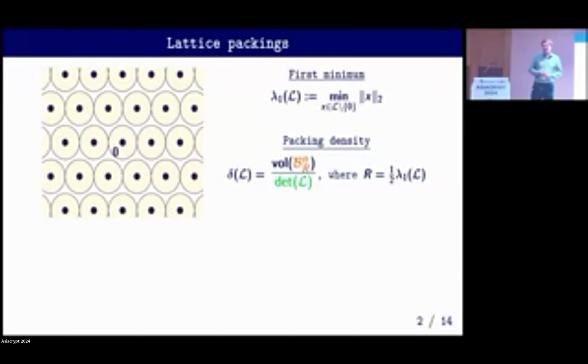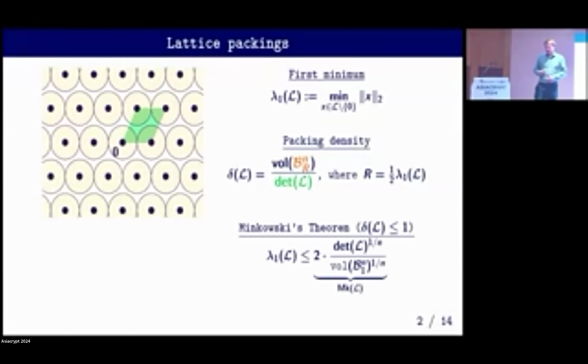So per lattice point we have this one ball of radius half times lambda 1, and also we have seen earlier that per lattice point we have this fundamental area. So the density is simply the volume of this ball divided by the volume of this fundamental area, which is the determinant of the lattice.